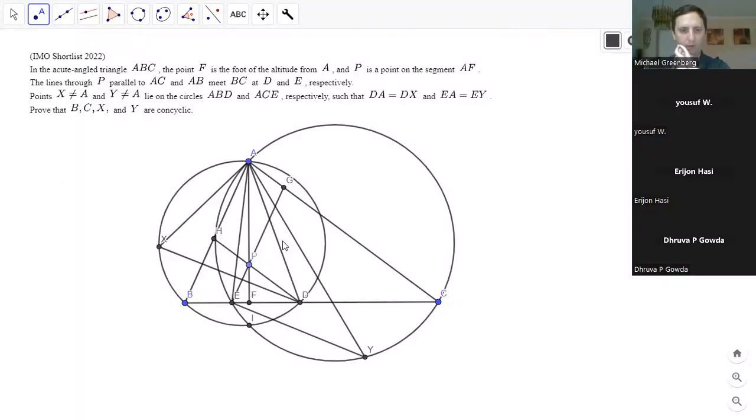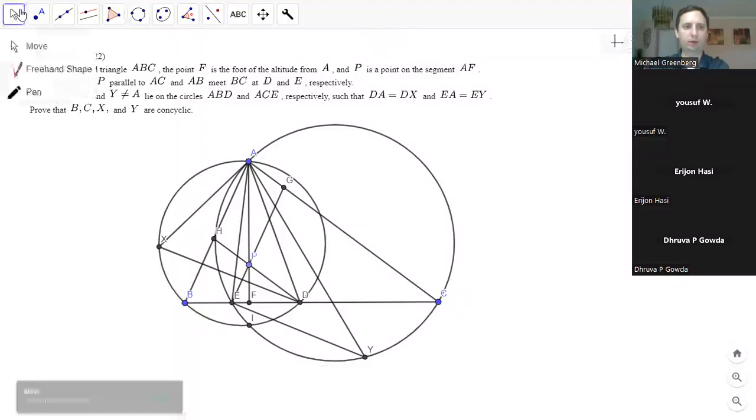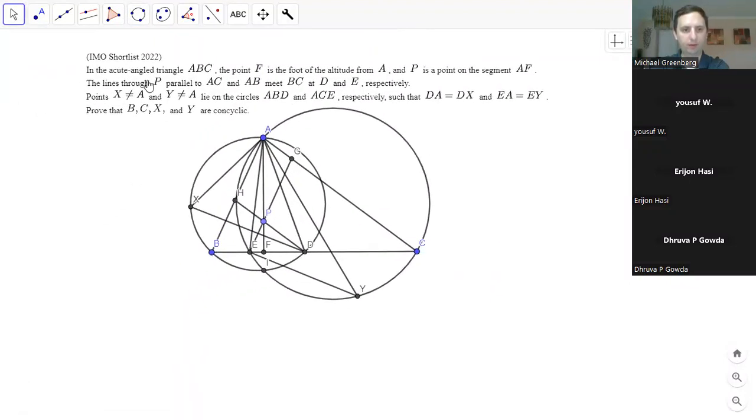So that would be step 1, and then step 2, once we know that, then by the radical axis theorem, BX and CY should intersect on it. So yeah, we could try to solve this in 2 steps like that.